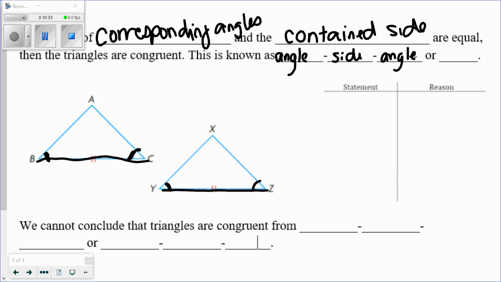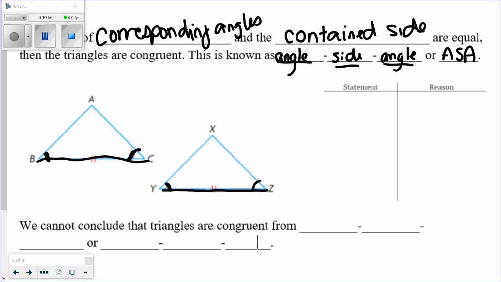So it's written in a very specific way. It's saying an angle, the side in between it, and then the next angle over. So don't write AAS, because that's not actually what it is. It's an angle, the side that's attached to it, and then the angle that's at the other side.